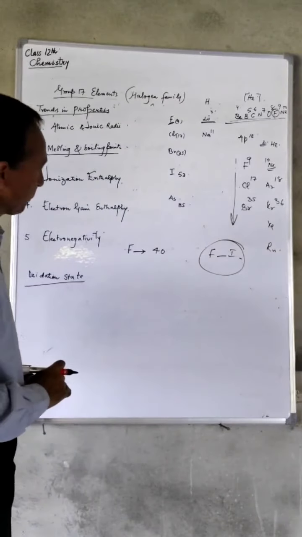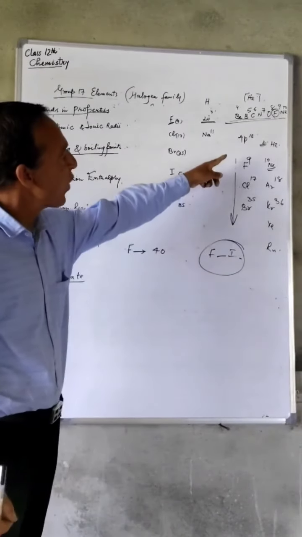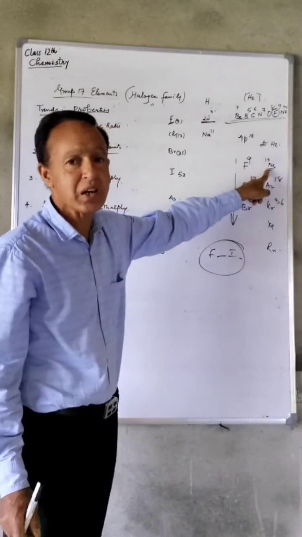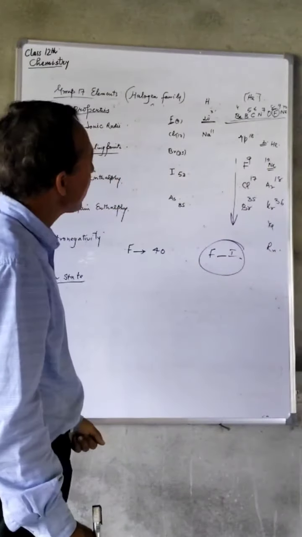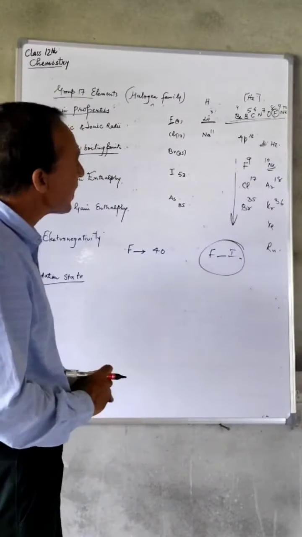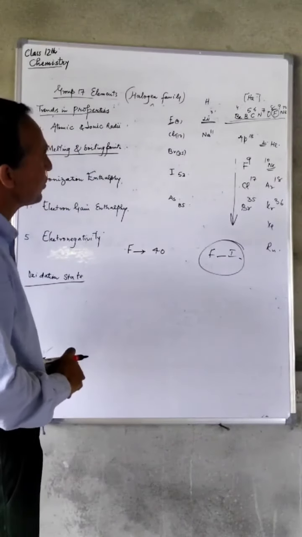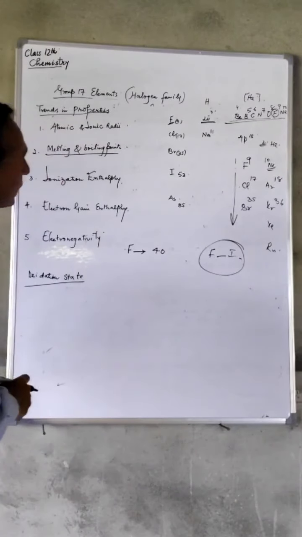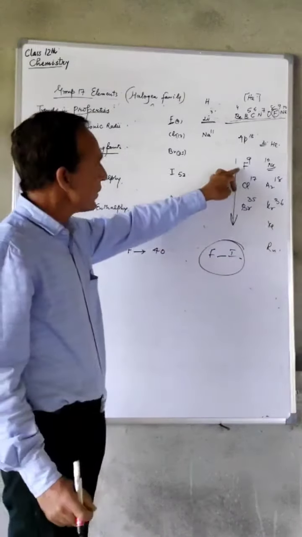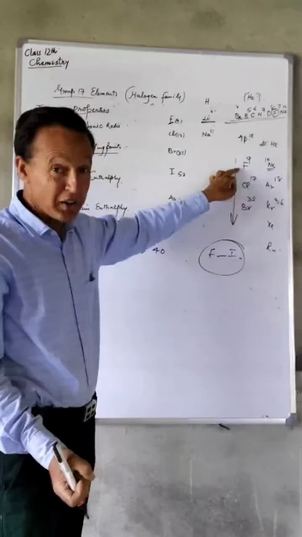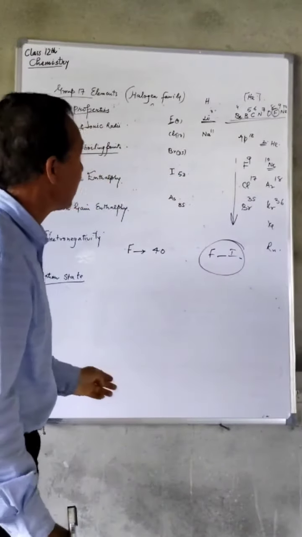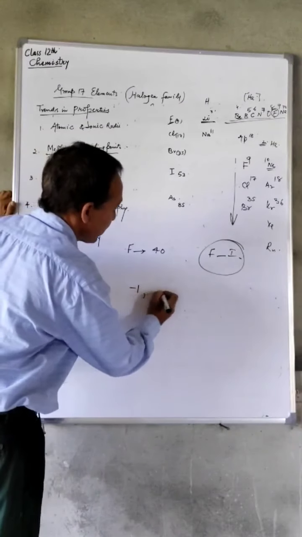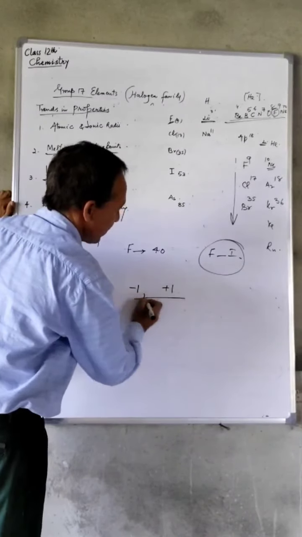Oxidation state. Halogens have one electron less than their nearest noble gas configuration. So they have a higher tendency to accept the electron, and they accept this electron by attracting the electron or by sharing the electron. Therefore, they exhibit either a -1 oxidation state or positive oxidation states.